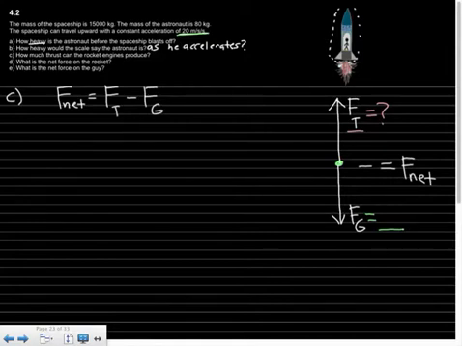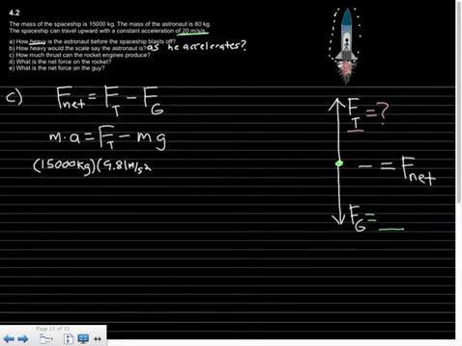Okay, so you calculate the net force by taking the mass of the thing that's accelerating times its acceleration. And that's going to equal this unknown thrust force minus the force of gravity, which is the mass of the thing that's being pulled by gravity, times the acceleration of gravity. The mass of the spaceship is 15,000 kilograms, it's huge, times 9.81 meters per second squared. Oh, sorry, the acceleration is 20 meters per second squared.